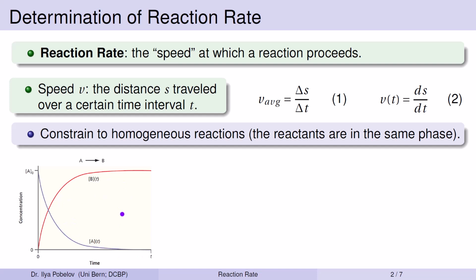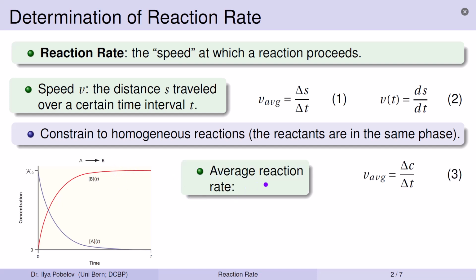This figure illustrates this concept, showing the concentration of A decreasing over time as it is converted into B. The average reaction rate is determined by the change in concentration delta C over a time interval delta t.